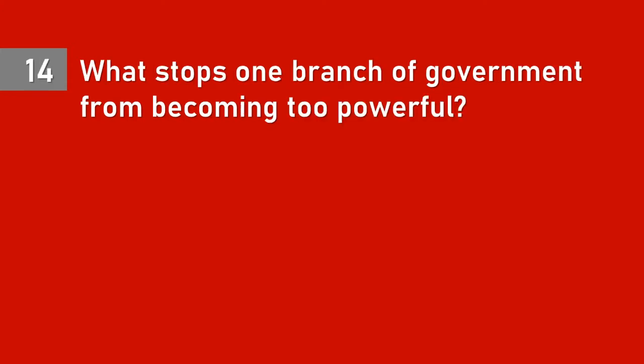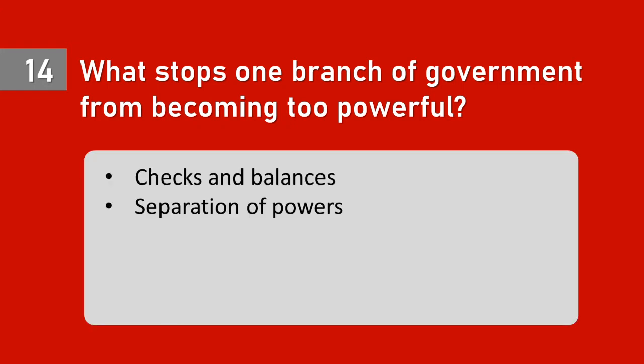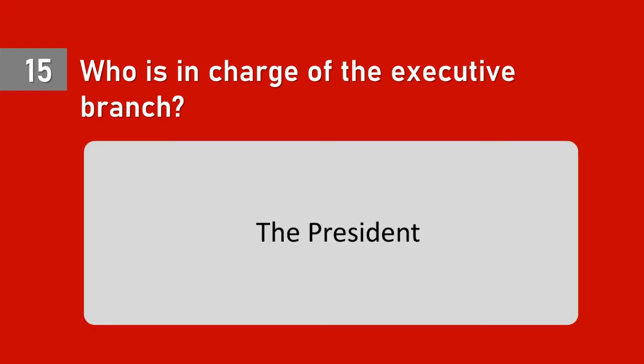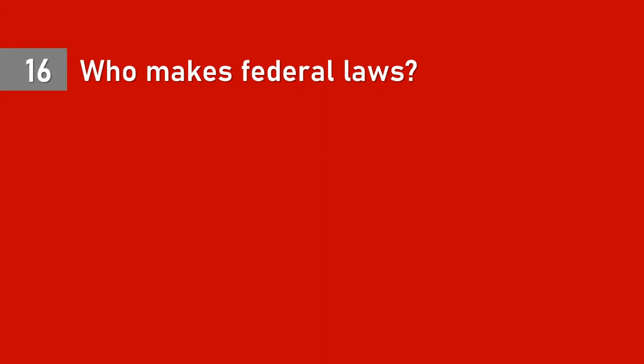Question 14. What stops one branch of government from becoming too powerful? Checks and balances. Separation of powers. Question 15. Who is in charge of the executive branch? The President. Question 16.